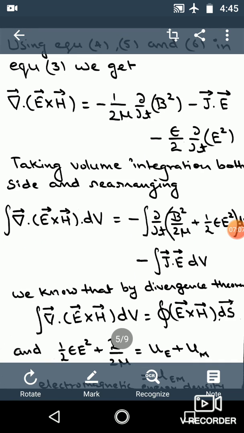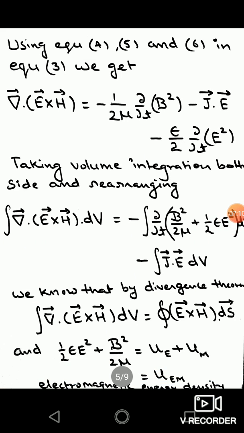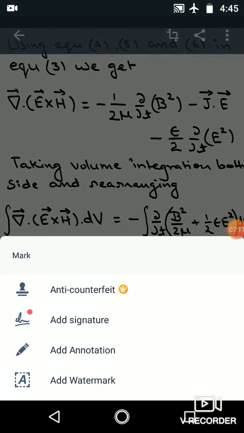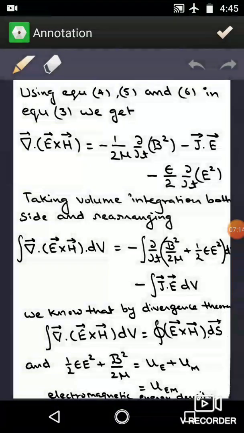What we get if we use these equations in equation number 3, then in the left hand side we get del dot E cross H, where we have used the vector identity which we have discussed on the previous page.